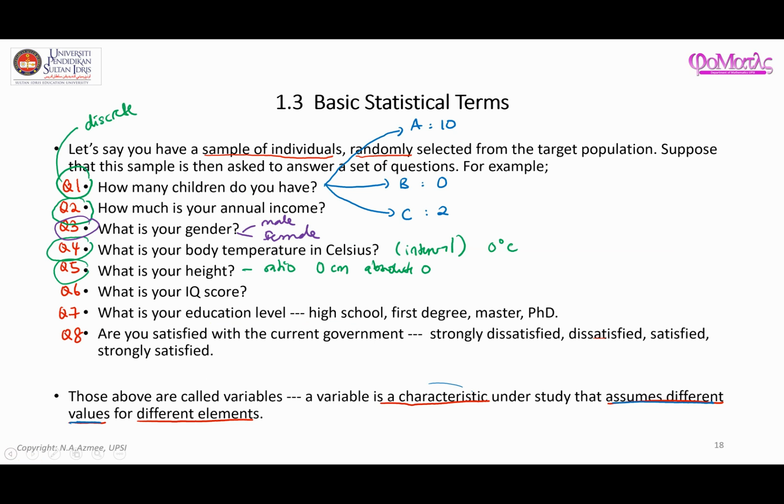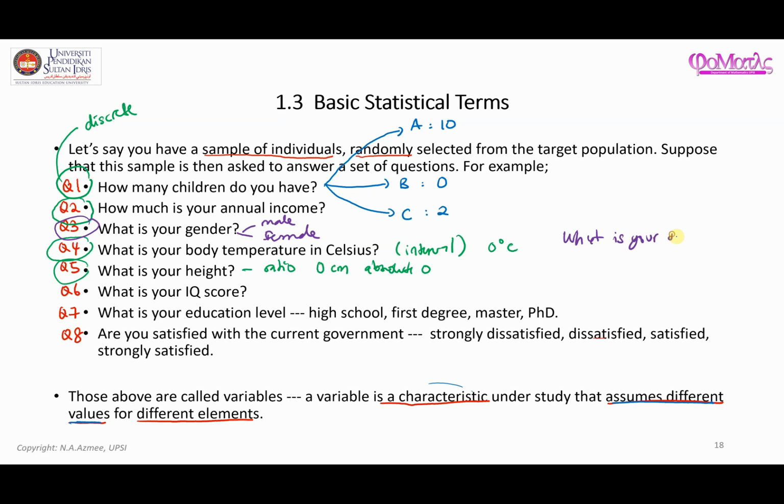All right, next is the nominal variable, which means it has more than two categories. Unfortunately there is no proper example that I can pick from this, but it is easy to see that if we ask a question such as what is your race?